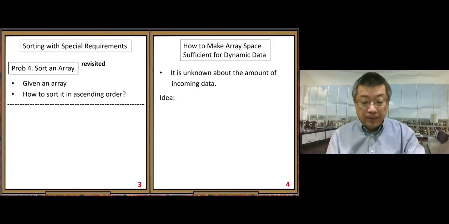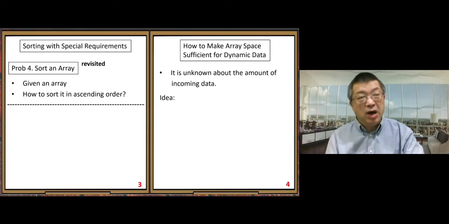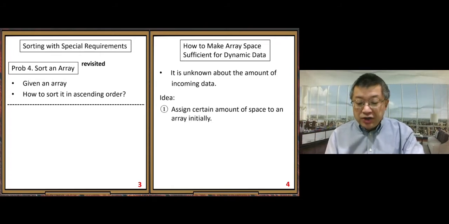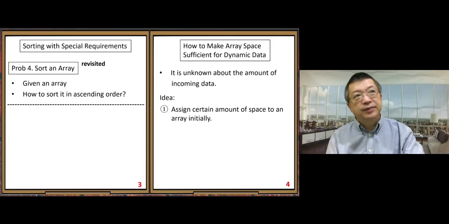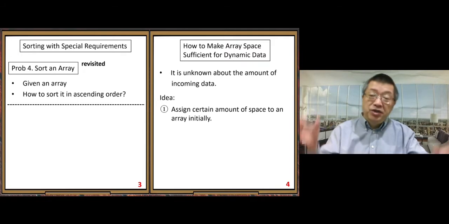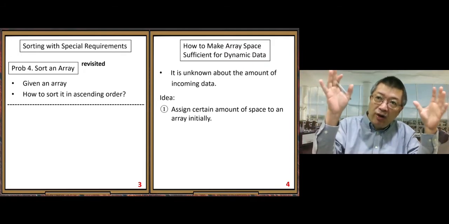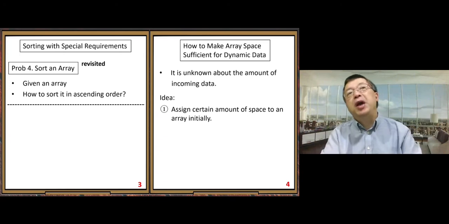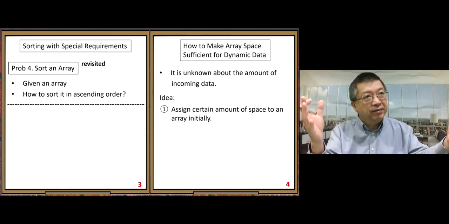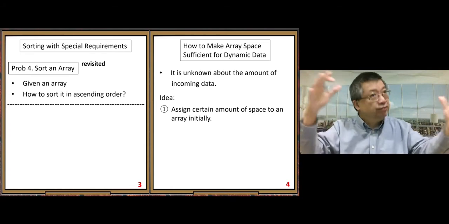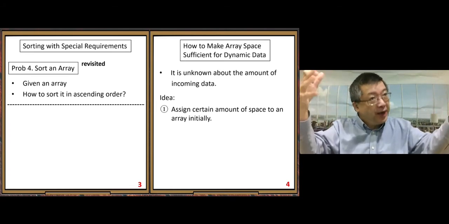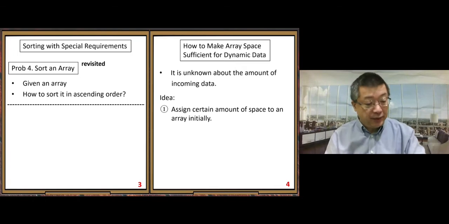So the idea to solve this problem: assign a certain amount of space to an array initially. Initially, we do not have much data. We just assign an appropriate amount of space to the array. Then we allow this array to grow to hold more and more data.